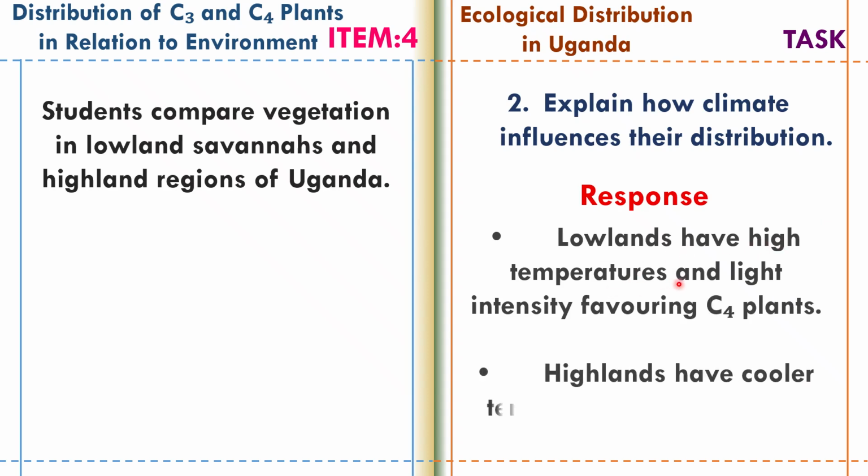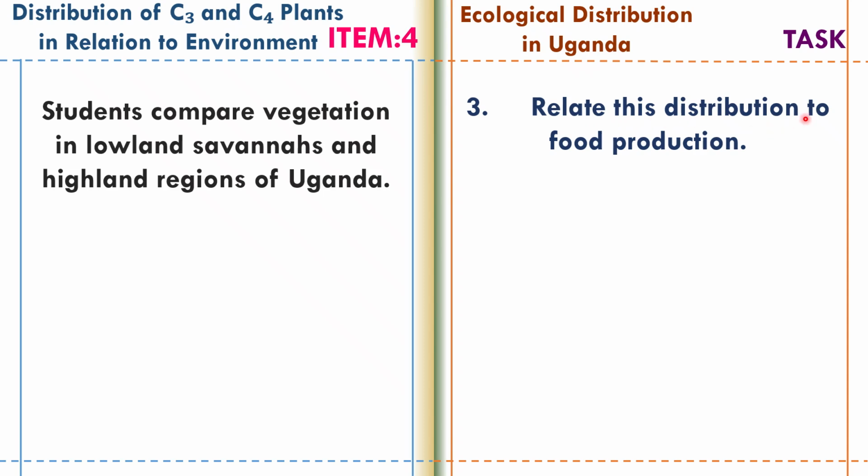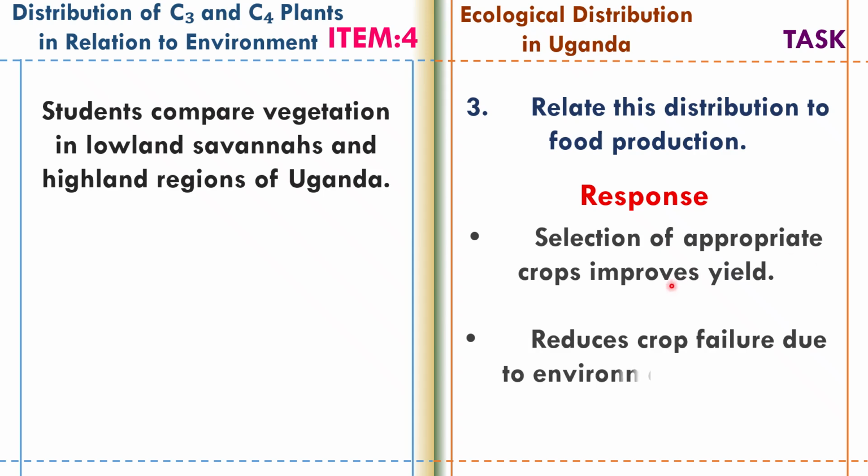Lowlands have high temperatures and light intensity, favoring C4 plants. Highlands have cooler temperatures, favoring C3 plants. Relate this distribution to food production. Selection of appropriate crop improves yield, reduces crop failure due to environmental stress.